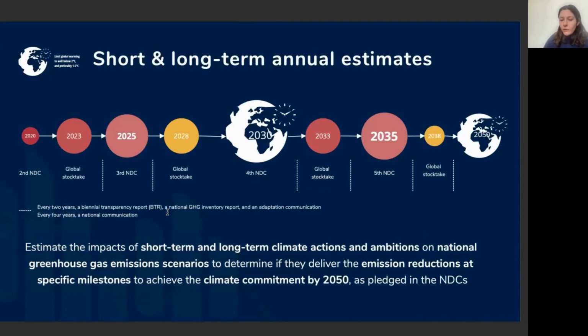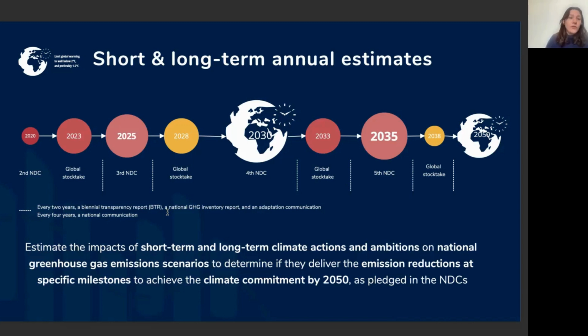As I said, it is to have a long-term vision, but it was also to have an annual GHG evaluation of emissions, because when we were trying to support countries in their reporting to the UNFCCC, the team noticed that no tool was able to give an annual estimate of GHG emissions, and it was needed for different reporting to the UNFCCC.